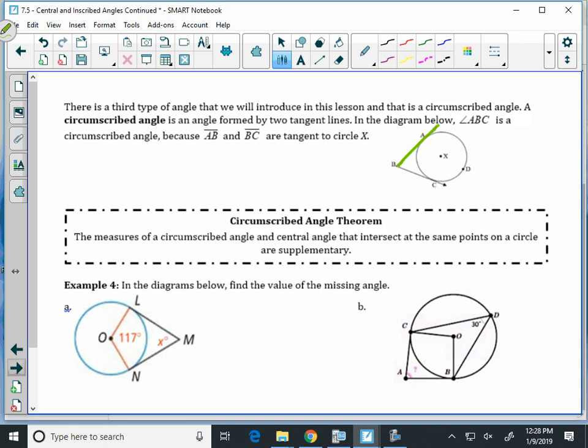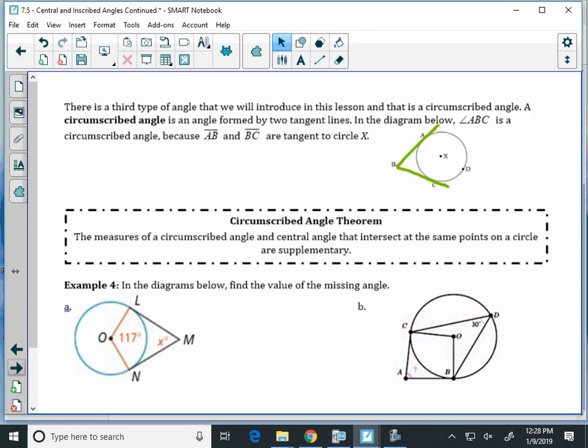The other side of this angle is also tangent because it's touching the outside of the circle one time. It's called a circumscribed angle. Kind of looks like an ice cream cone a little bit. You have an angle on the outside, and then the circle's kind of sitting on it like a scoop of ice cream or a snow cone.